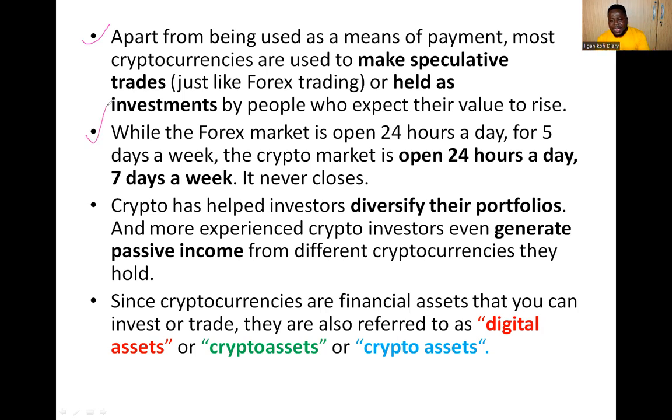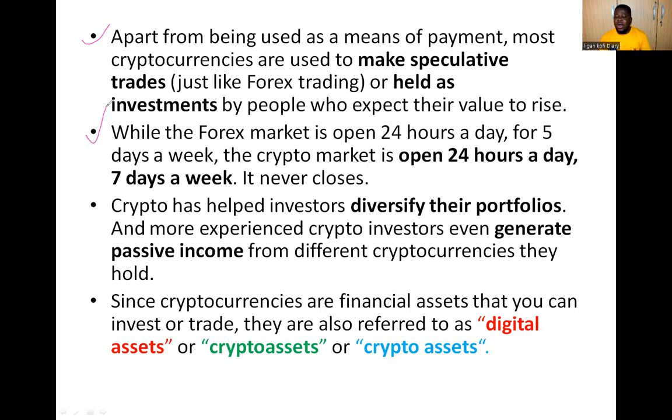While the forex market is open 24 hours a day for 5 days a week, the crypto market is open 24 hours a day and 7 days a week. It never closes. So the crypto market doesn't close like the way the forex market closes. The forex market opens for 24 hours a day, but for 5 days. But the crypto market doesn't close.